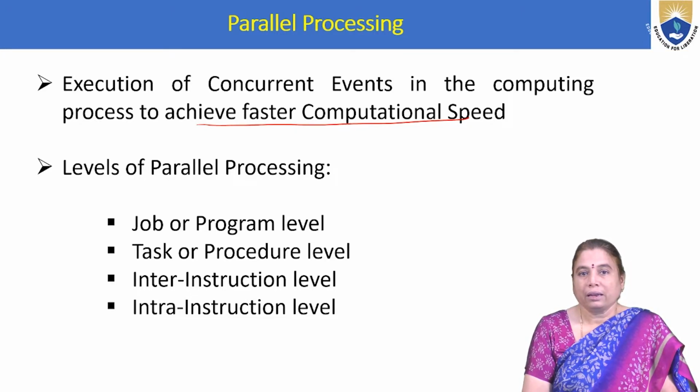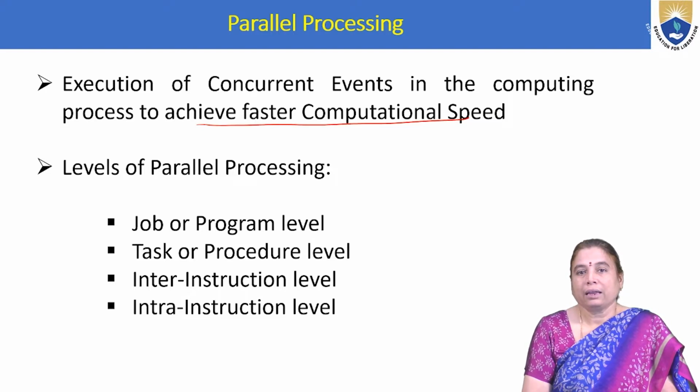Inter-instruction level can lead to modular programming. So, the big task of the project development can be divided into small parts. Those parts are generally referred to as modules. So, inter-instruction level can be achieved with the help of modular programming.